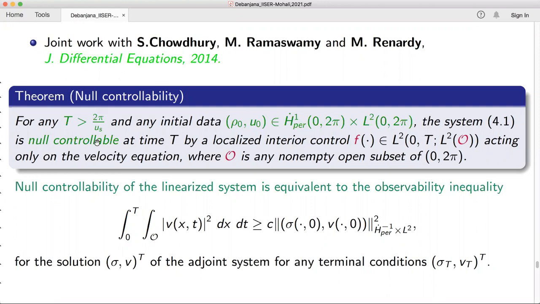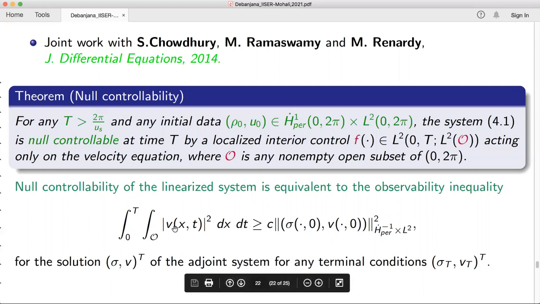The point is that it is equivalent to studying the observation problem, that is, an observability inequality. In particular, we need to study the adjoint system, with sigma and v the solution of the adjoint problem, and the theorem is equivalent to proving the inequality given here. You can relate it with the wave equation I started with. Here v is the velocity, and we need to prove this inequality.